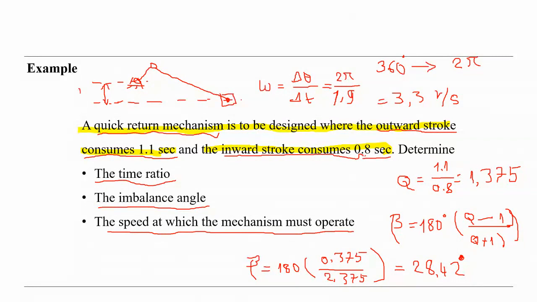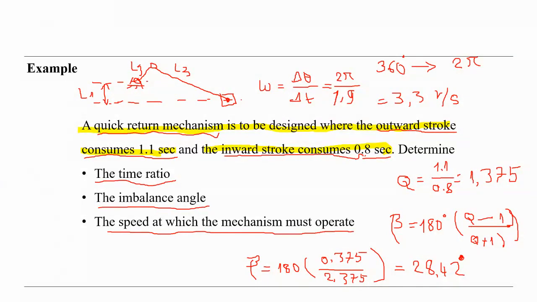Let's say this is L1, this is L2 here, and this is L3. So we have to define what should be L1, what should be L2, and what must be L3. Sorry, I made a mistake.